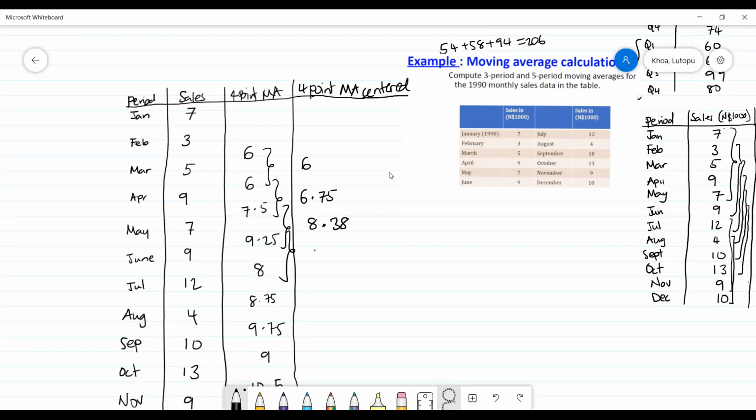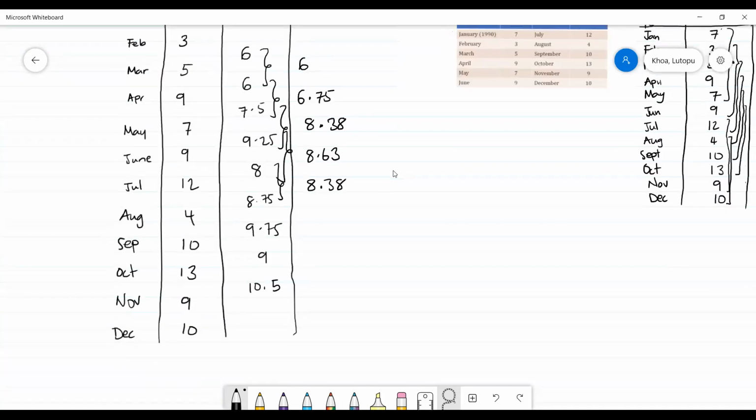8.63, and then 8 plus 8.75, divide this by 2, get 8.38. And then 8.75 plus 9.75, divide this by 2, you get 9.25.